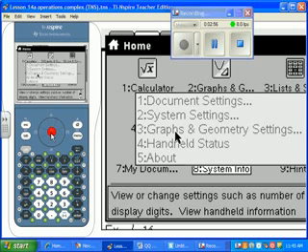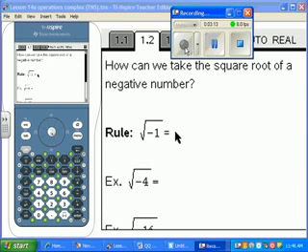Okay, I want everybody to put in the square root of -1. You changed your language to Spanish. You need to go back to system settings and change it to English, please. Okay, so when you put the square root of -1 in your calculator, what'd you get?